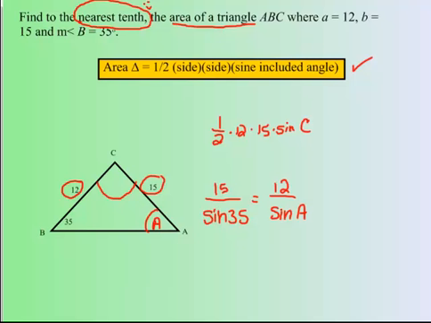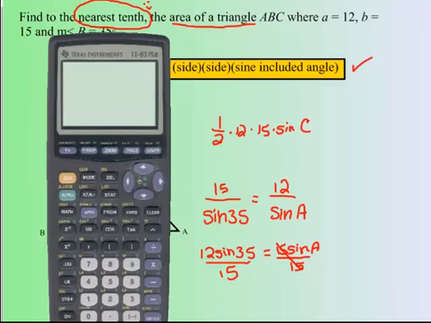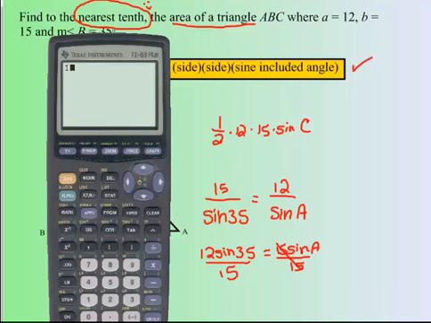We can handle it. 12 sine of 35 equals 15 sine of A. Cross multiply, divide by 15. And I love this part. This is all calculator work. 12 sine 35 divided by 15.